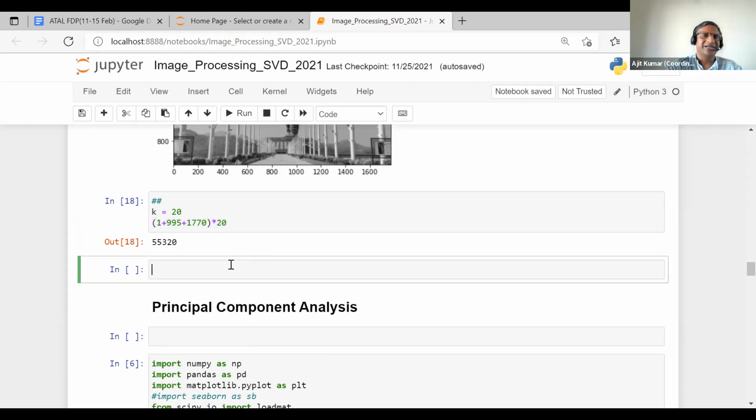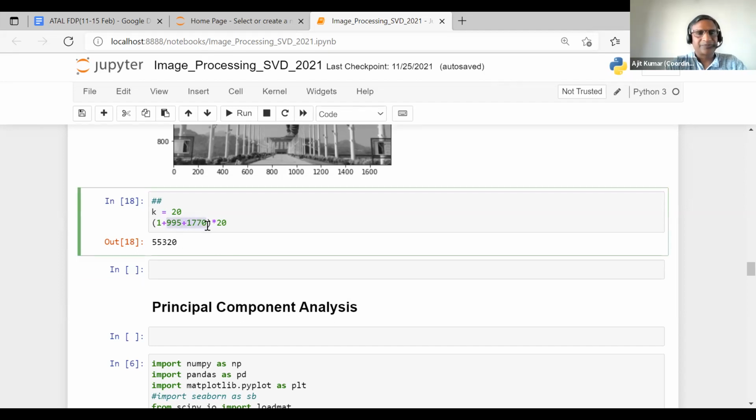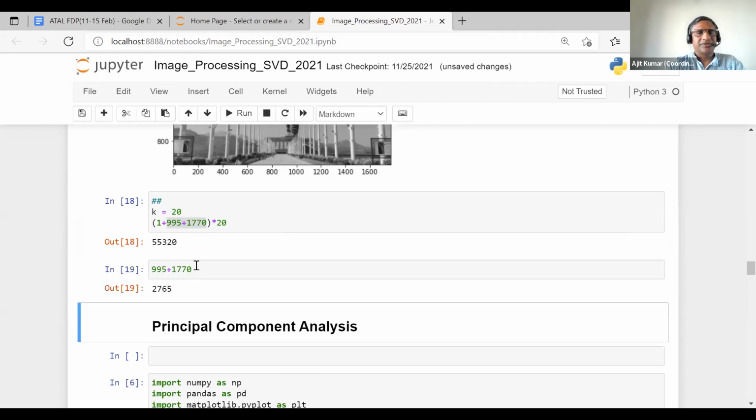So that's what I was wondering, why it is coming so large. Whereas the original size was this times this. So you can see here the huge difference in terms of the size of the matrix, the compressed figure, and other things.